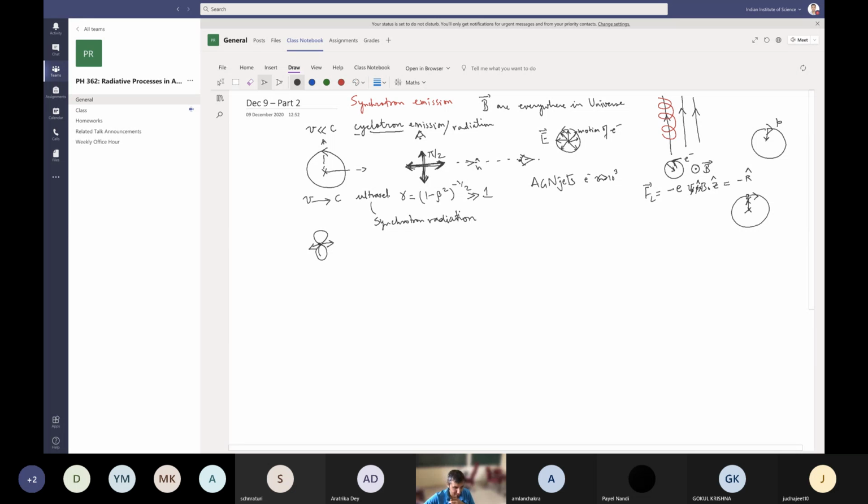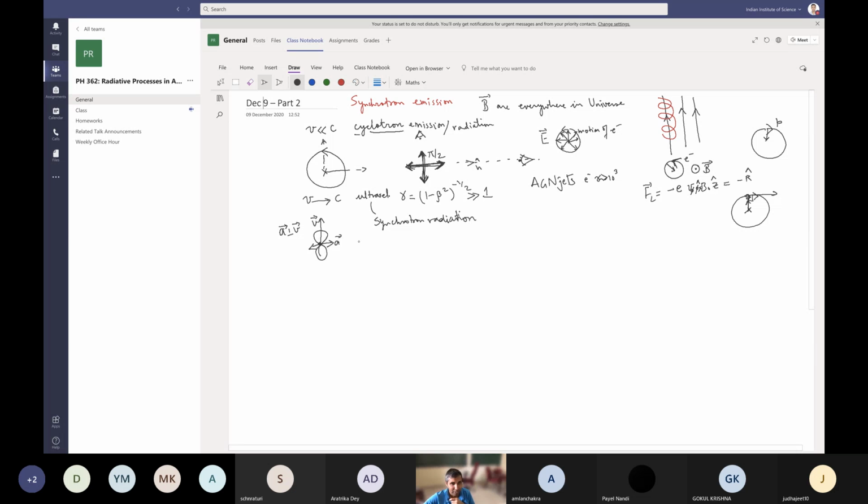Now, if this charge moves very fast in a perpendicular direction, so this is acceleration and this is velocity, with acceleration perpendicular to velocity, just like in circular motion, what happens in this case? This is in the particle rest frame.